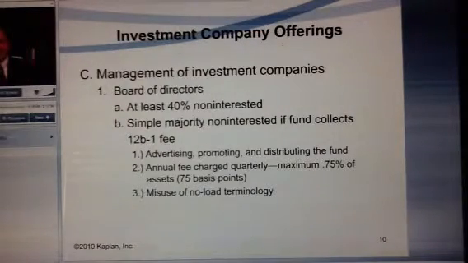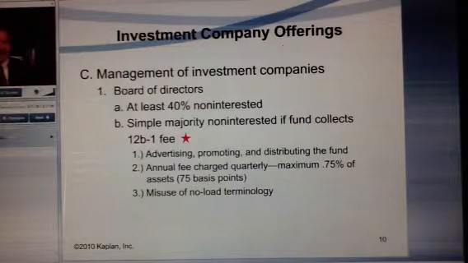If the investment company charges 12B1 fees, and 12B1 fees are not levied by all investment companies. This is an asset-based distribution fee. It's an annual expense of the client, and it's taken out on a quarterly basis. It is used for advertising and promotion and distributing the fund.